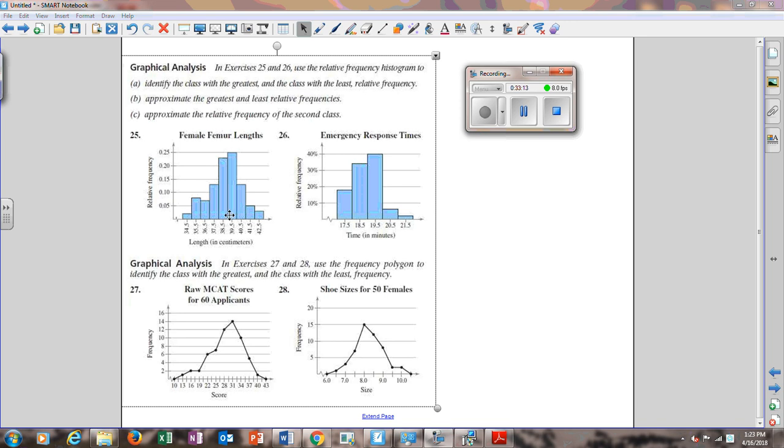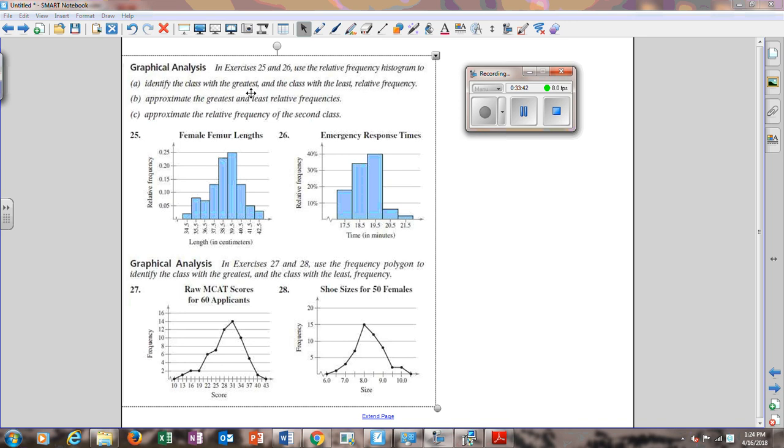That would be the class that is between 39 and 40. Because there's our midpoint, which is 39.5. This midpoint is 38.5. So it's going to be between 39 and 40. You could also just tell me the class that's 39 and a half. I would accept that. Class with the least is between 34 and 35.